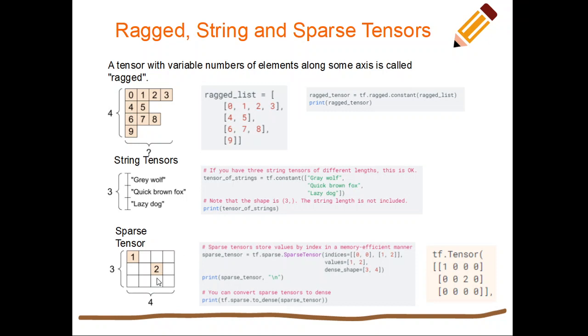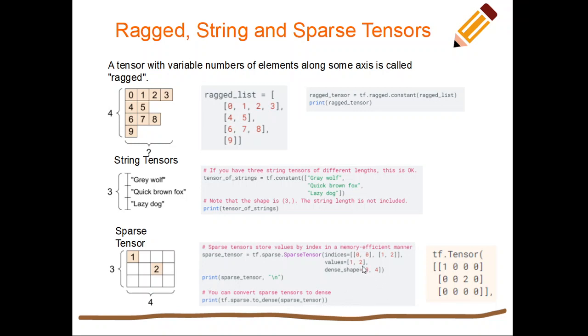There is also the concept of a sparse tensor. See how the values are stored here. At the index 0 0, this value 1 is stored. At the index 1 and 2, so first row and second place, you are storing 2.